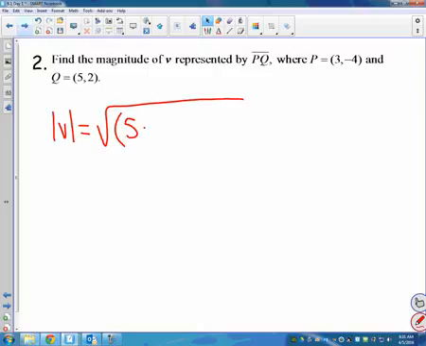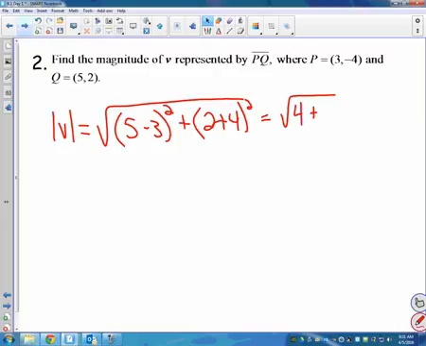So 5 minus 3 squared plus 2 minus negative 4 squared. 5 minus 3 is 2 squared, which is 4, plus 2 minus negative 4 is really 6 squared, which is 36, which is the square root of 40.